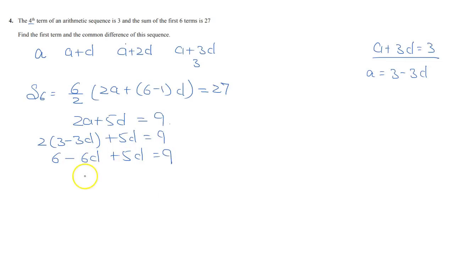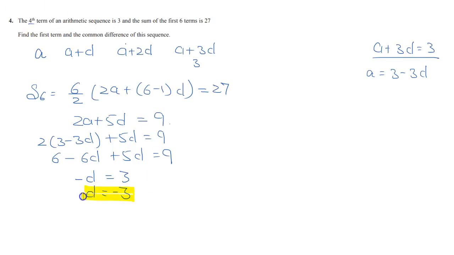Minus 6D plus 5D is minus D. So 9 minus 6 is 3, so minus D is 3. So it means D is equal to minus 3. Find the first term and the common difference.